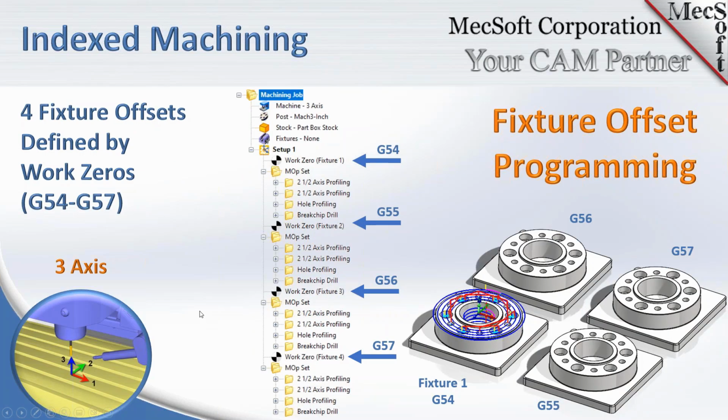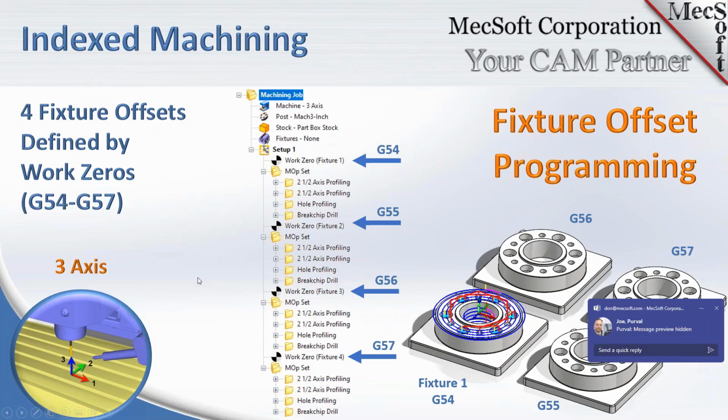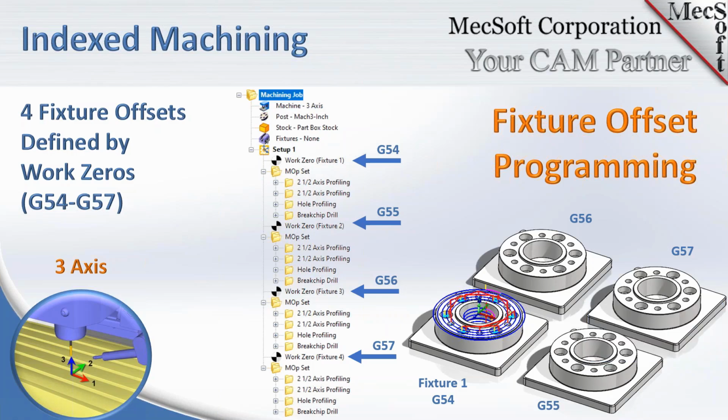Okay, now we're going to move to fixture offset programming. A little bit unlike the XY instancing, in fixture offset programming, you actually define a fixture, which is a G54, G55, etc. Those are the typical codes for your fixture offsets.